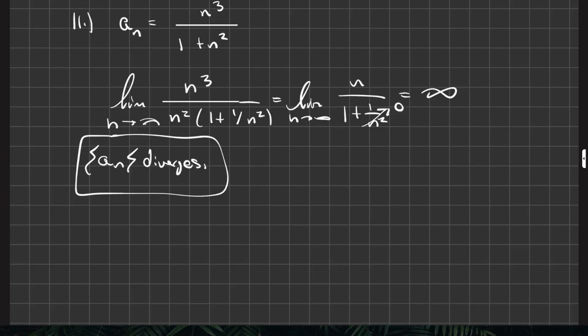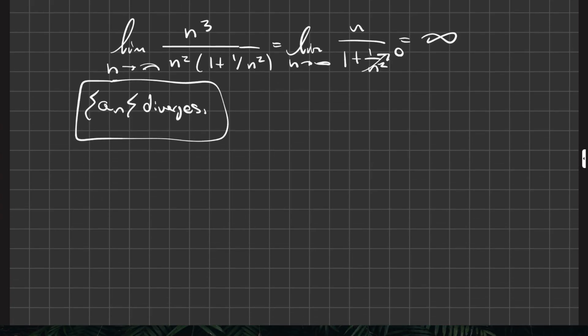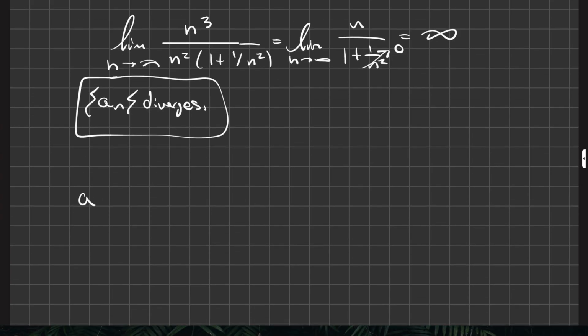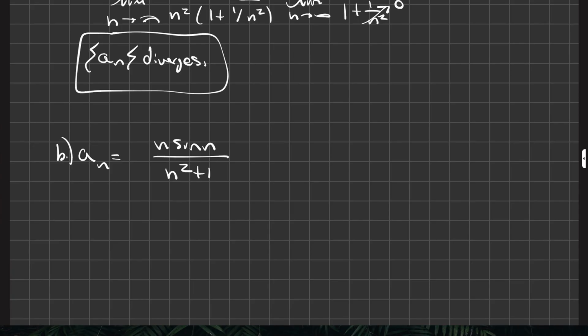These problems are all pretty easy, just solving limits, but like part B, we're given a sub n equals n sine n over n squared plus 1. We can make a sort of squeeze theorem argument.